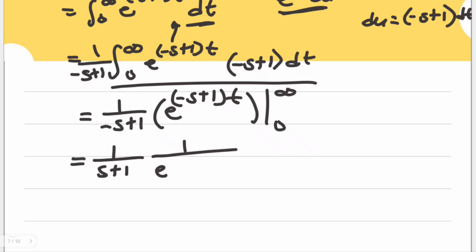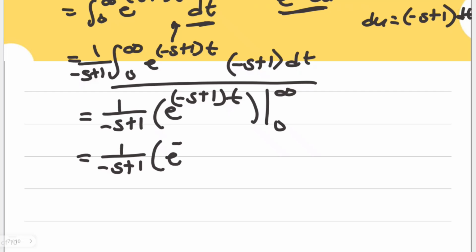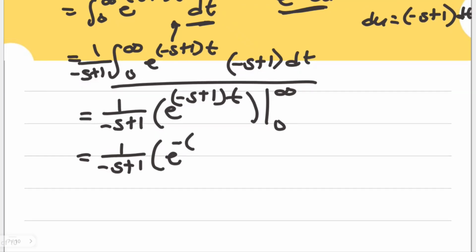Sorry for that. Let's express this first so that we can apply the law of negative exponent. Let's express this entire exponent as negative. You can actually do it like this: 1 over negative s plus 1, then your exponent, as you factor negative 1, e to the power of negative, so you're factoring negative 1, so you will have s minus 1 times t.